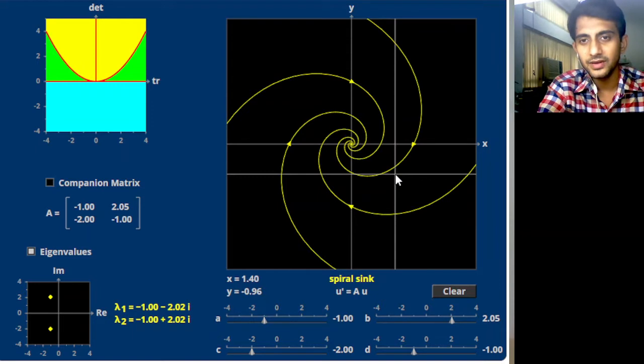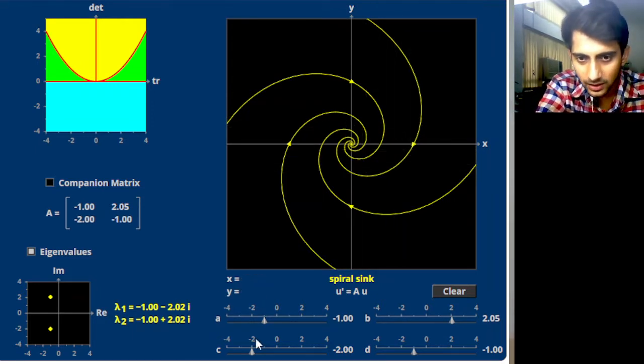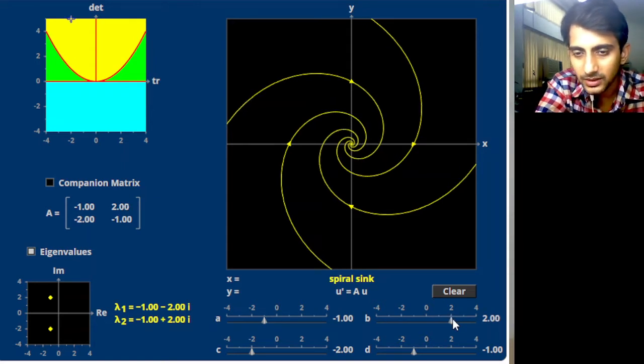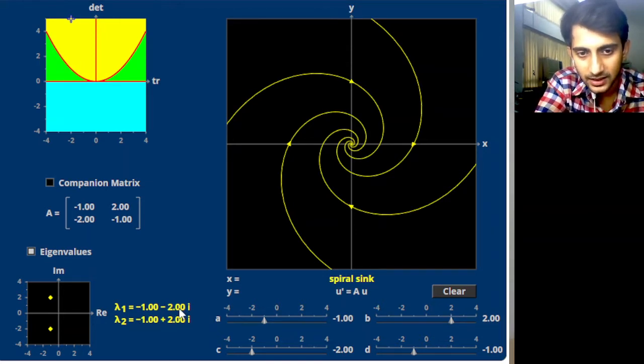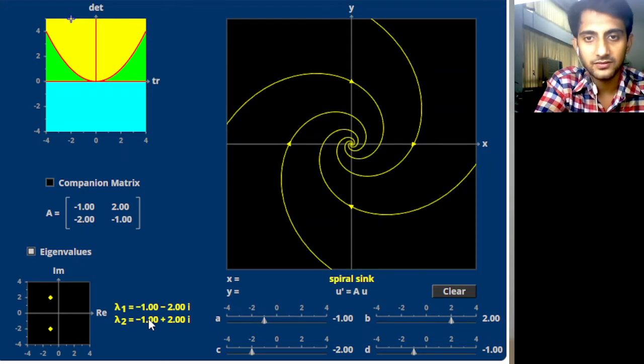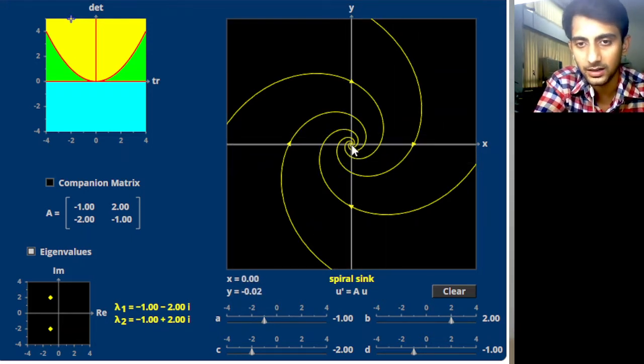In this case, you see we are getting a spiral sink. Definitely it was supposed to be a spiral. It is to be -2. So -1 2 -2 -1. You see that the eigenvalues are complex, and the real portion is negative. That's why it is a spiral sink. Sink means it is a stable spiral.